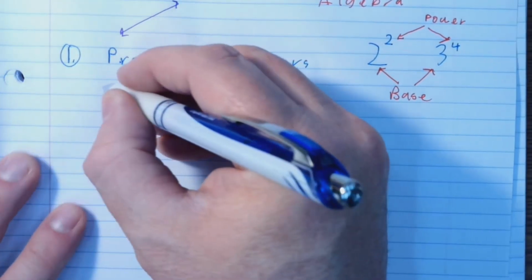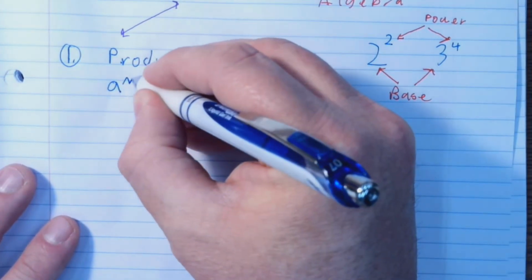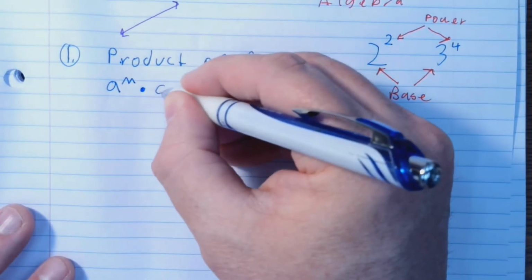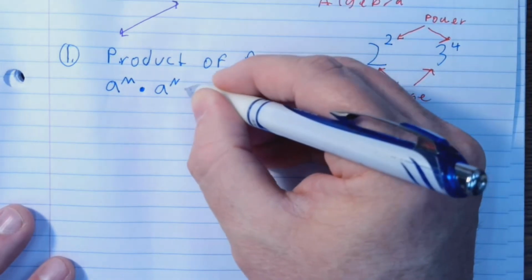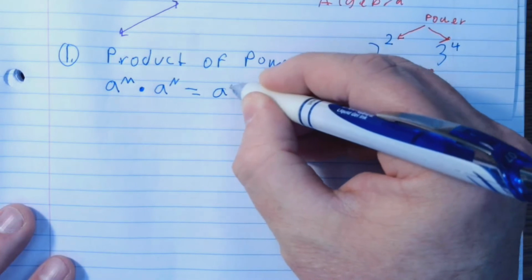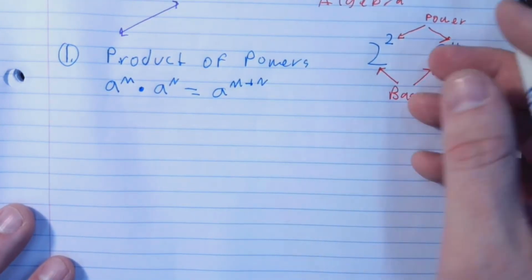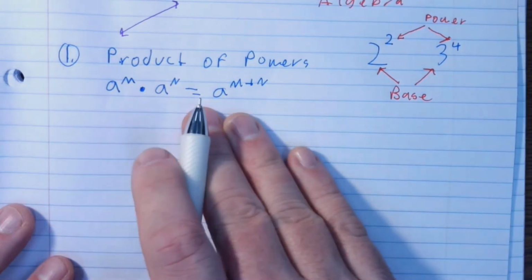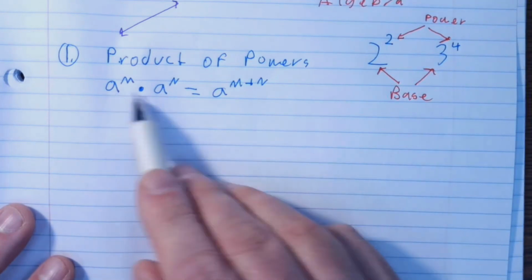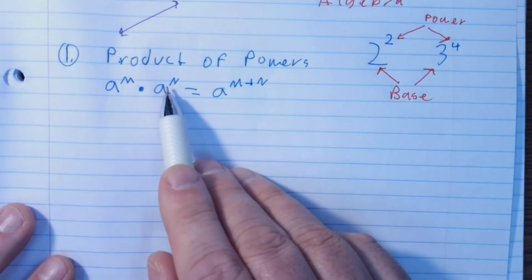So, here we go. That's basically written kind of in a formula. What it states is if you're multiplying like bases, then you are just going to add the exponents.